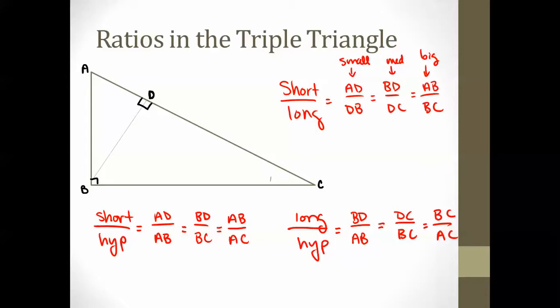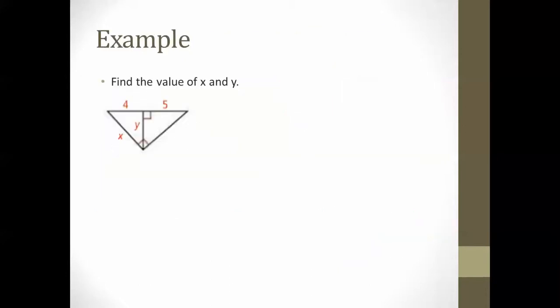So let's take a look at what this looks like. Here we have an example where we need to find 2 missing lengths, x and y. We have 3 triangles, right? A small, a medium, and a big. So we just have to decide what we're given and if we have enough information to solve for either one of our variables. The first one, I have enough information to solve for x if I were to go short leg over hypotenuse.